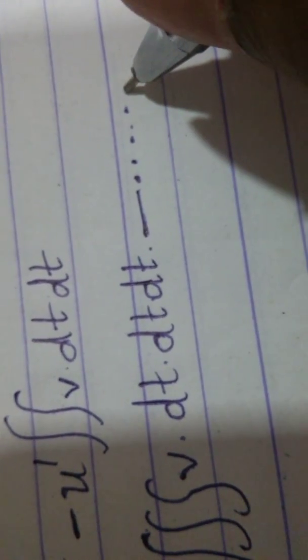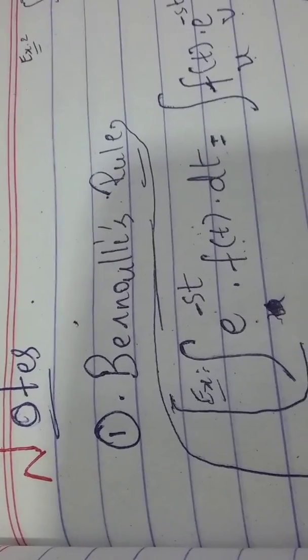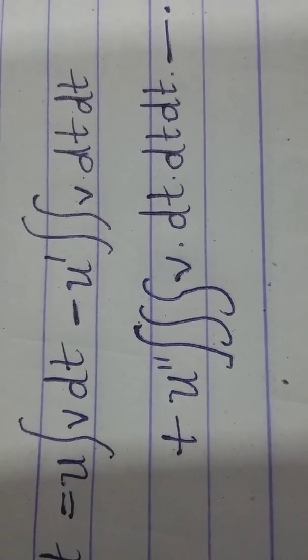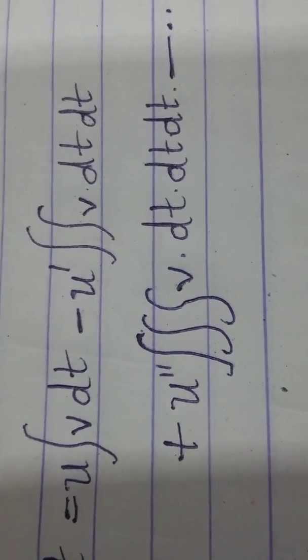Not forever, there will be a 0. Not everything is infinity. So this is Bernoulli's rule. These kinds of extraordinary formulas you are supposed to use in puzzling problems. Integral of uv dt equals u integral v dt, minus u dash double integral v dt dt, plus u double dash triple integral v dt dt dt.